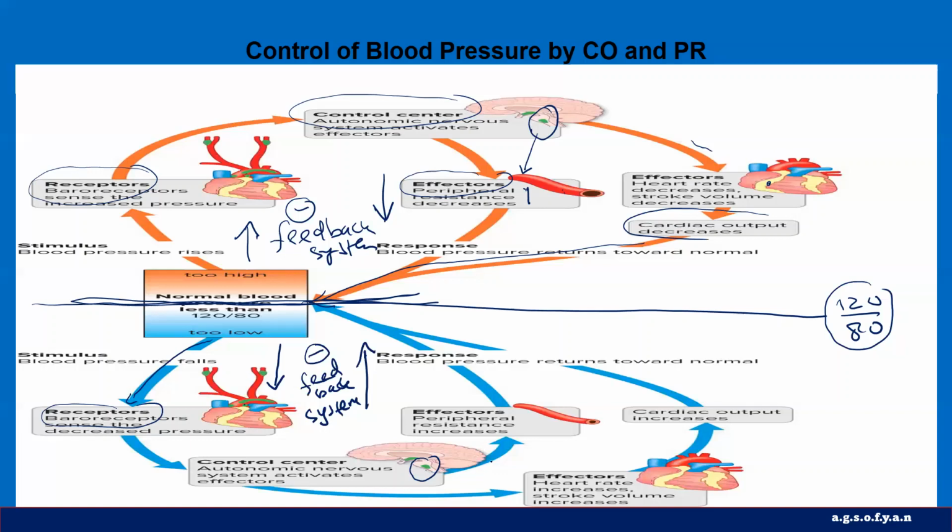The medulla oblongata will also send an order to the smooth muscle on the arteries, the blood vessels. So there is going to be vasoconstriction over here, which will increase the peripheral resistance. At the same time, it also sends the order to the heart muscle, and the heart muscle will increase the contraction.